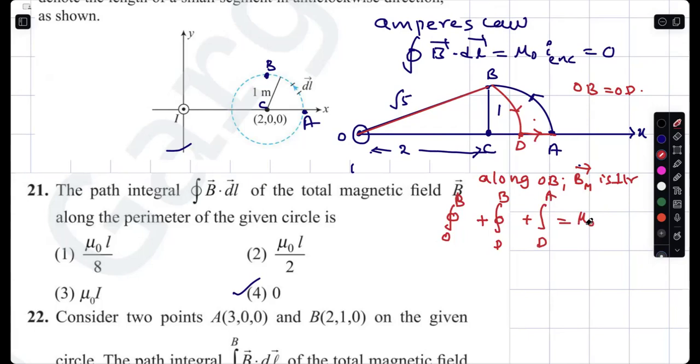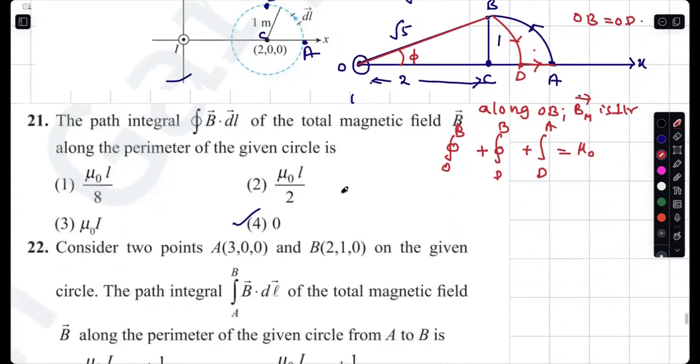What is the I enclosed? Simple. You need to know this angle phi. If it were a 2π angle, it would enclose current I. For phi angle, how much current is enclosed? Phi by 2π times I. Okay, since it is outward, no issues.